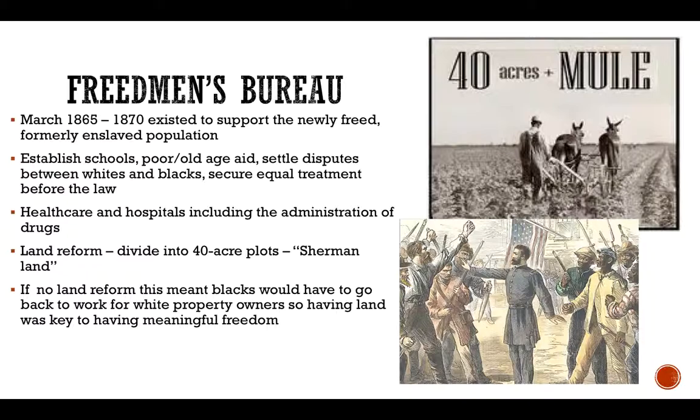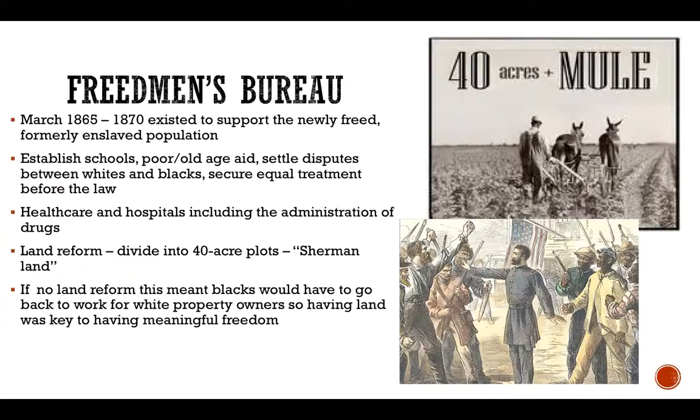Healthcare and hospitals, including the administration of drugs, was a huge contribution that the Freedmen's Bureau was making. So healthcare had been off limits to most enslaved people unless the person who owned them decided that they were worth something to them and could receive medical treatment.